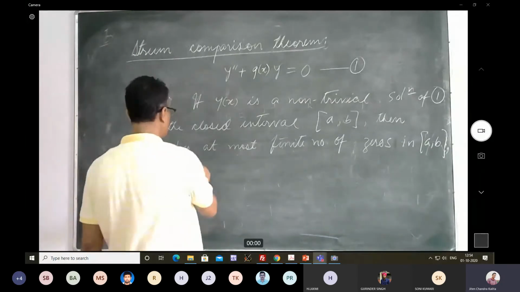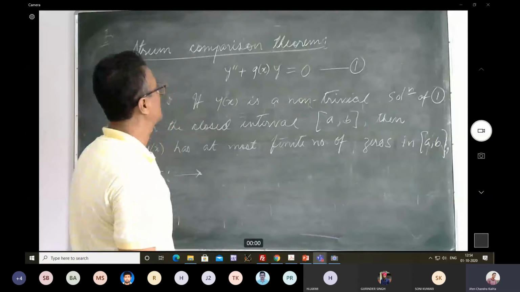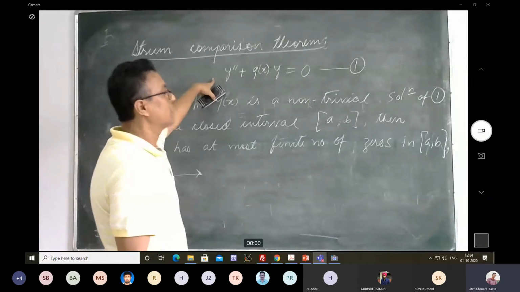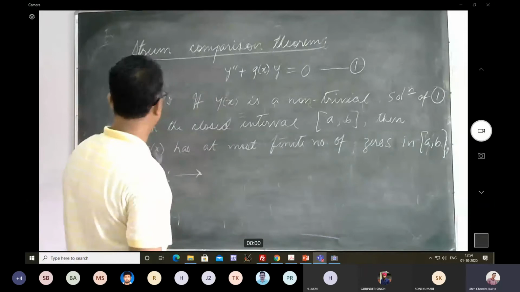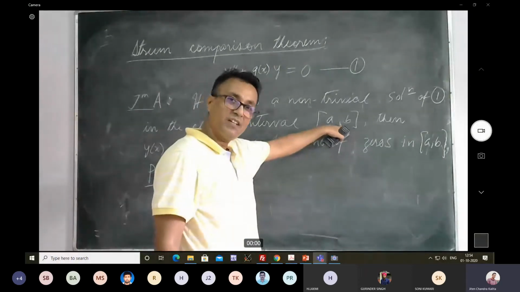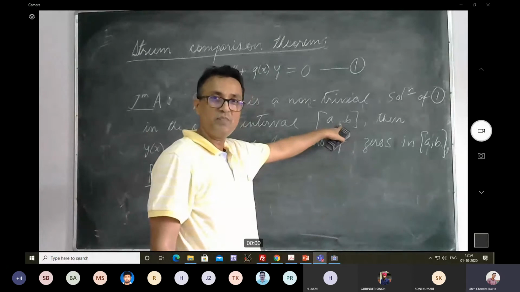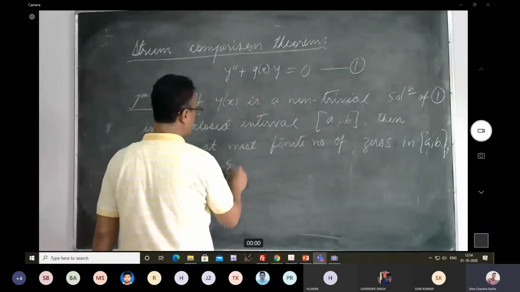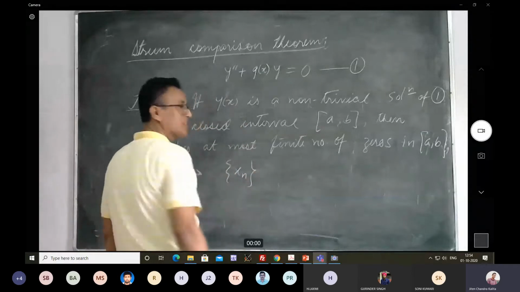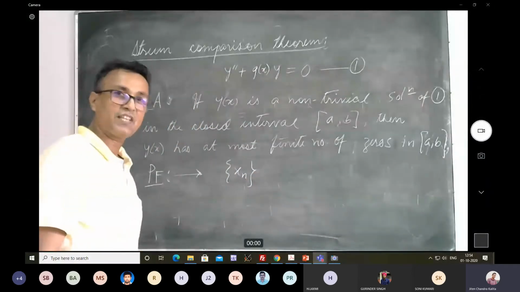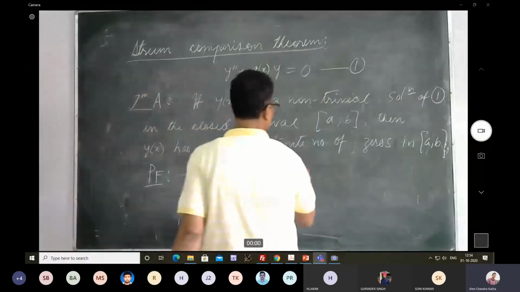Let us assume that the solution of 1 has an infinite number of zeros in the interval [a, b], and suppose those infinite number of zeros form a sequence x_n in [a, b].